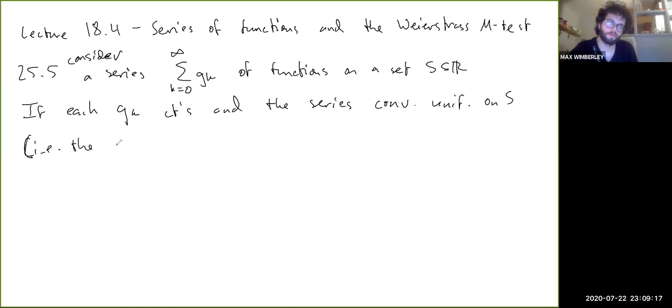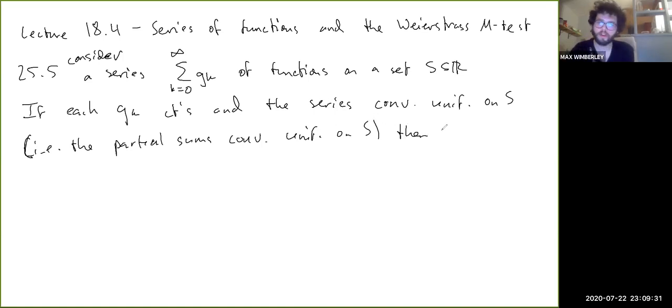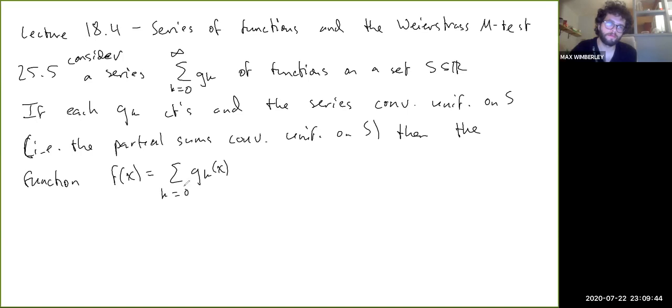i.e. the partial sums converge uniformly on S, then the function f of x which is represented by this series is continuous on S, right?